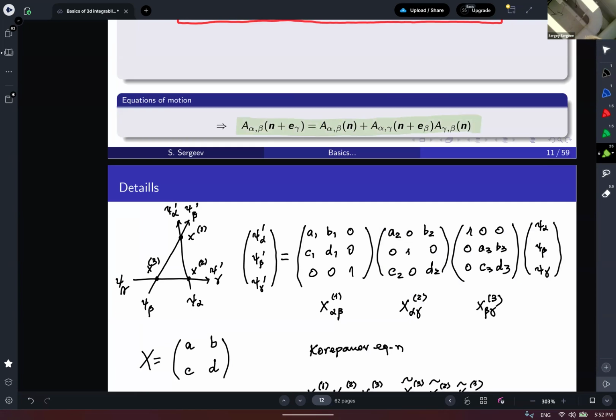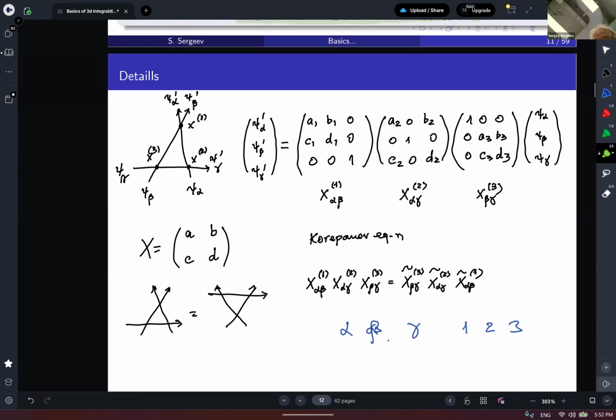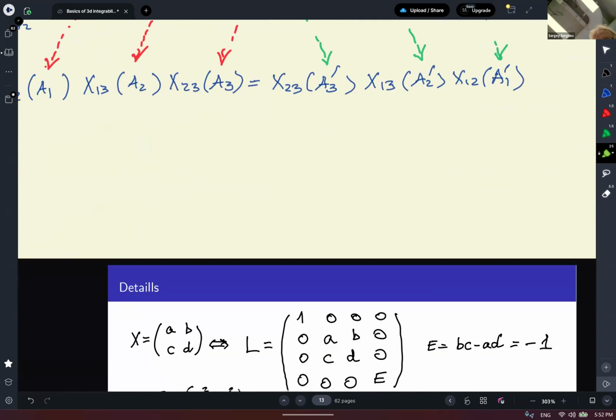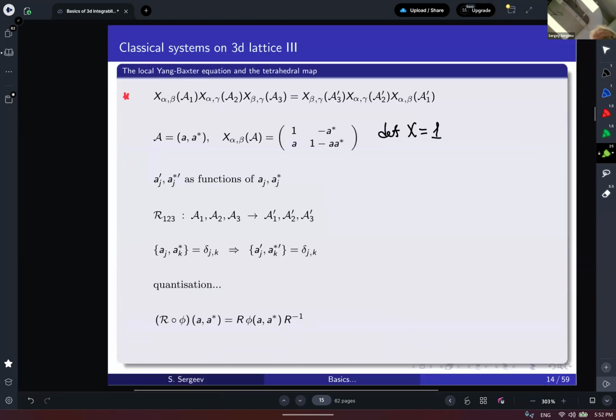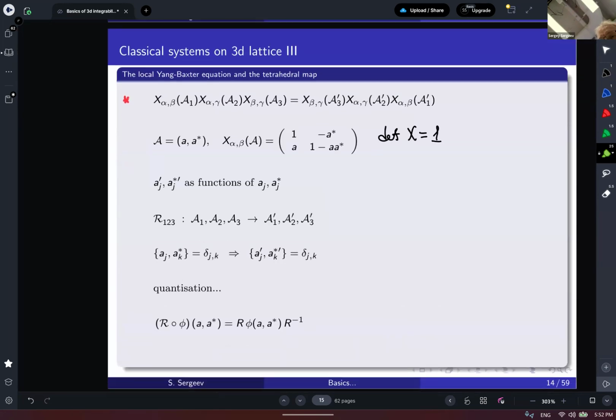We don't like it. But what do we like? We would like to consider all parameters, all fields, all variables inside the left-hand side of the Karipanov equation here, and consider them as independent.